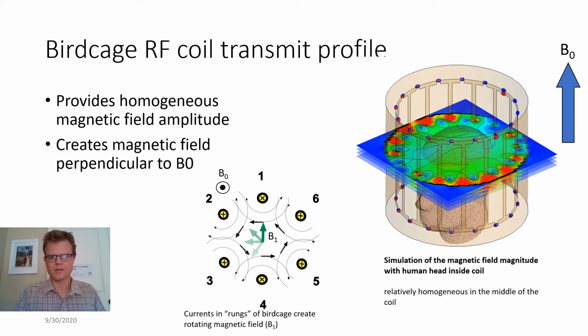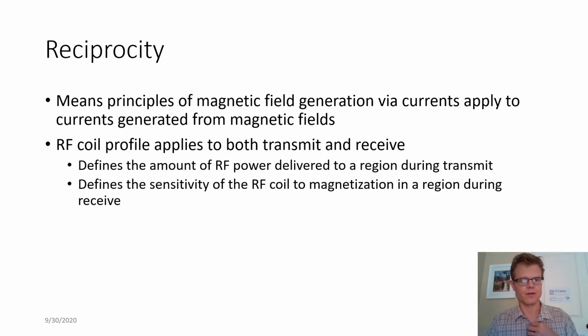Current running through all these wires creates a magnetic field that's pointing in this direction. And our B0 field is pointing perpendicular to that, for reasons that we'll go into in much more detail later. But it's still operating under the same electromagnetic principle: currents in a wire are going to create a magnetic field. So that's our transmit coil.